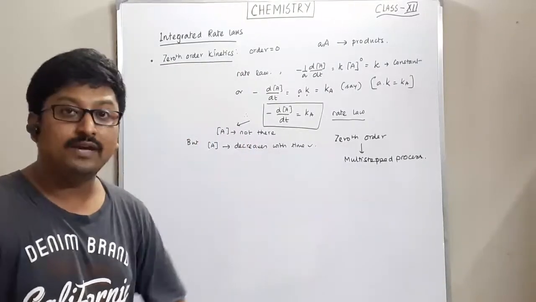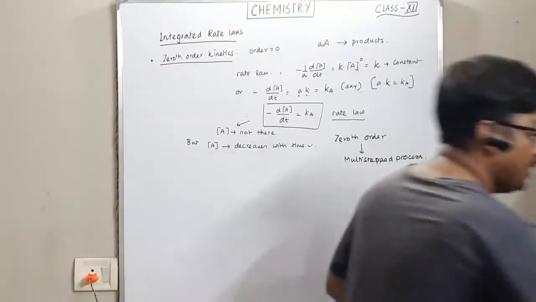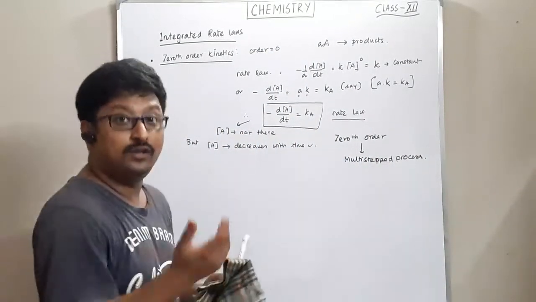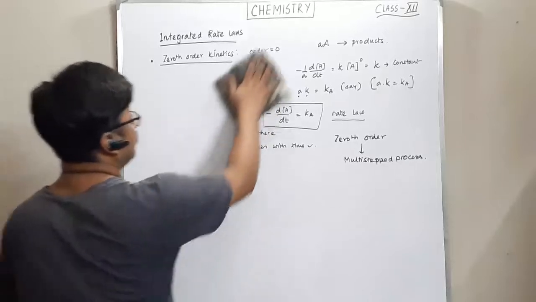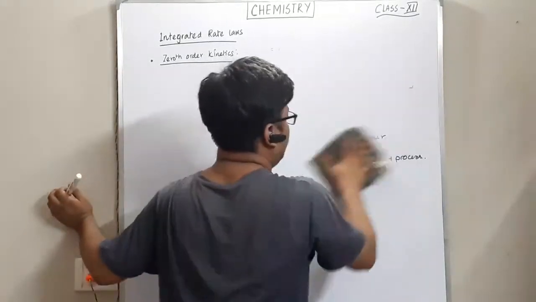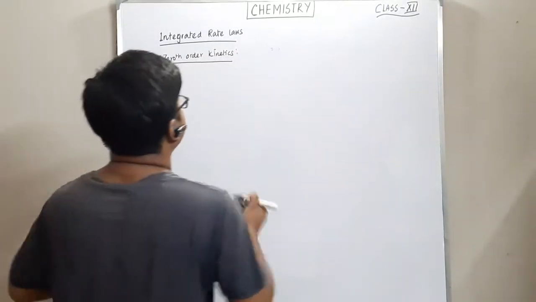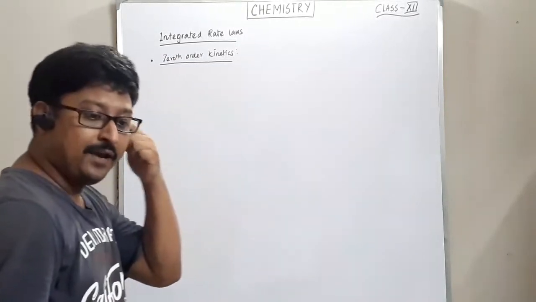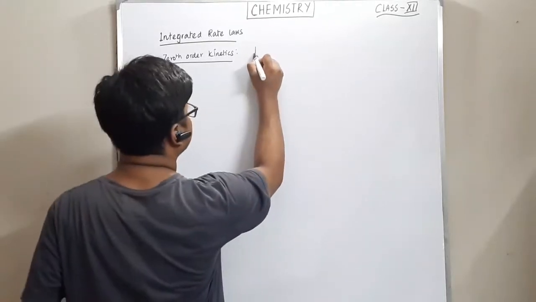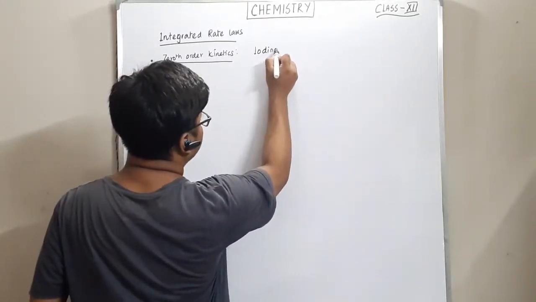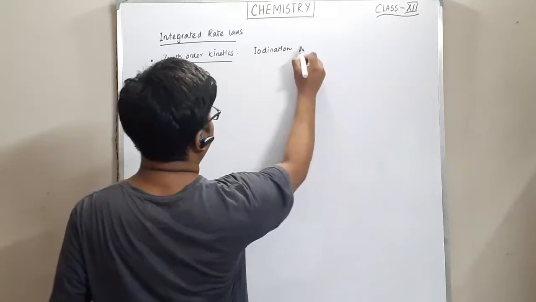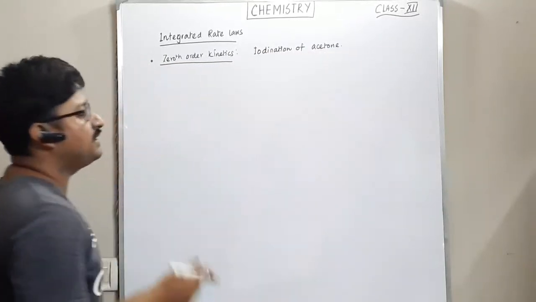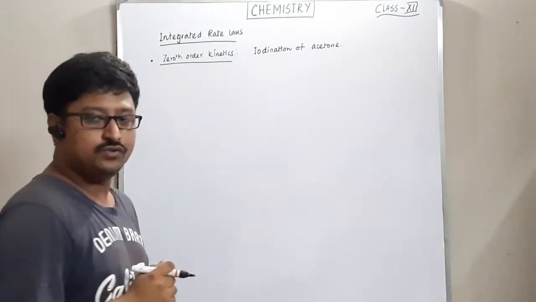Okay, let's look at an example of a zeroth order reaction. The reaction is basically the iodination of acetone, a halogenation kind of reaction.